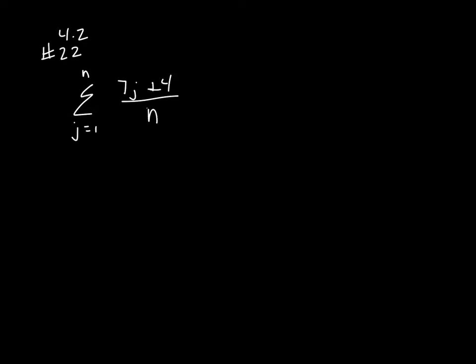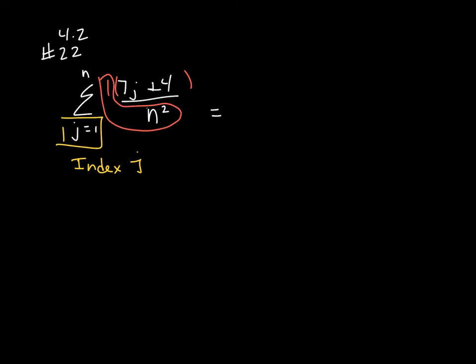Now, when you're looking at this, n, in this case, is a constant that you can go ahead and pull out. And the reason for that is the variable of our summation, our index, is j. Everything else, I can pull out as a constant.